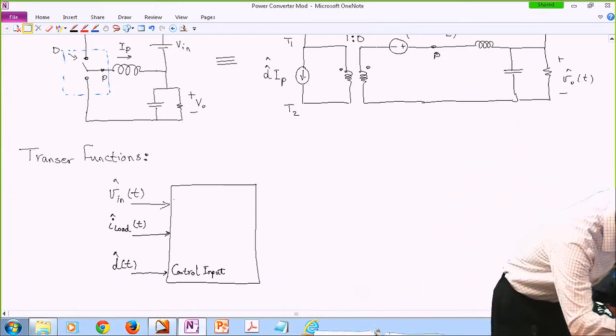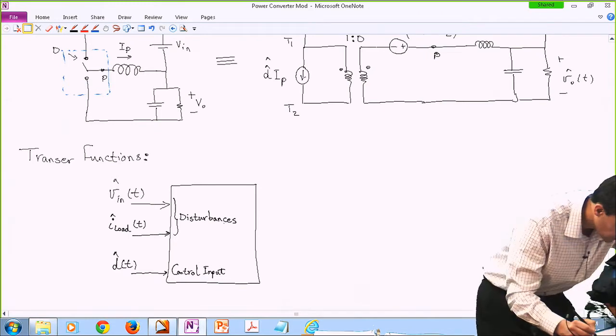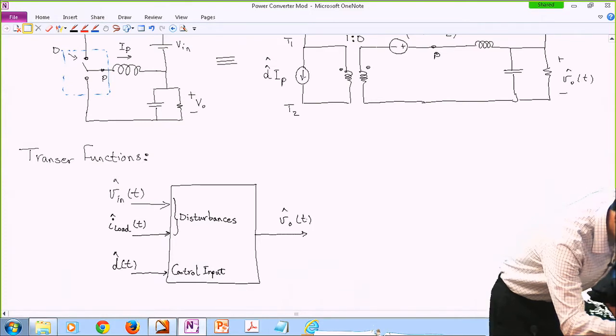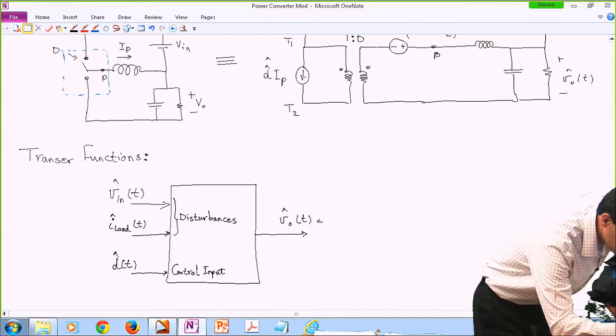And these two guys are out of our hands, so these are basically disturbances. All right. Then we have an output voltage, which is a function of all of these perturbances, depending on what converter we are looking at.